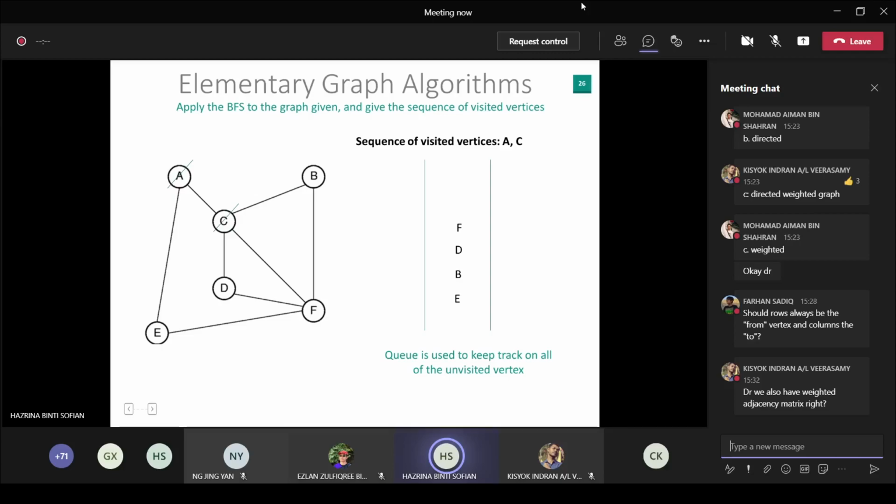So next, which one should we check? The F or the E? Remember Q in your data structure is first in and first out, right? Check E. Check E, okay. So check E.